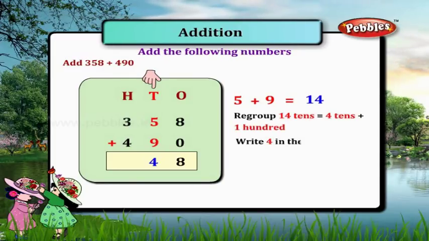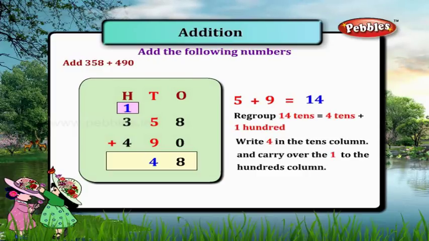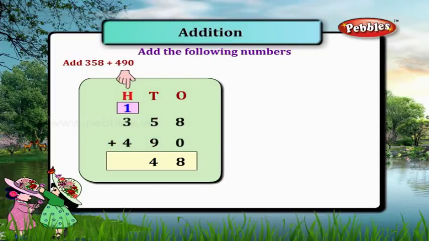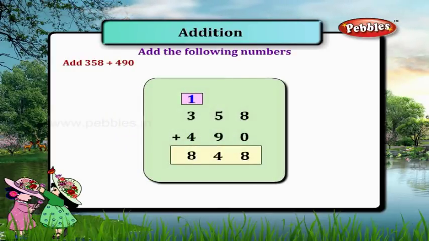Write 4 in the tens column and carry over 1 to the hundreds column. Now add the hundreds. 1 plus 3 plus 4 is equal to 8. The sum of 358 and 490 is equal to 848.